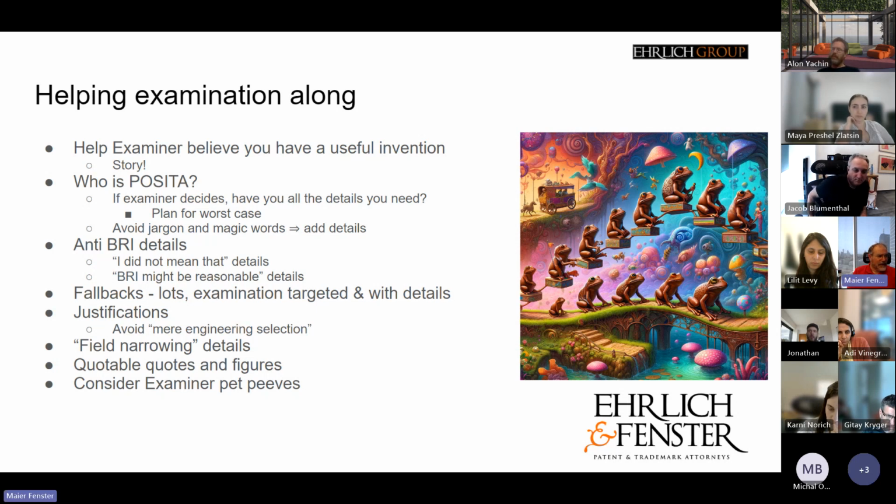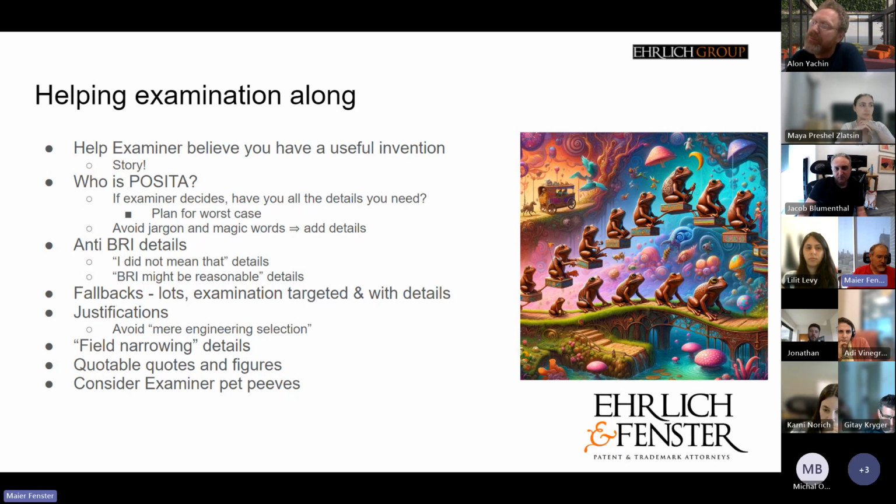I talked about an edible mechanism. That is very broad language. What I really meant is that it tastes good. It's not just edible, but it also tastes good. So I need to make sure that I have details which allow me to narrow the field in case the examiner brings in art which is absolutely correct, but it comes from a different field.